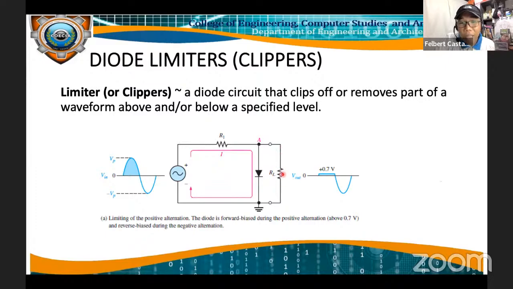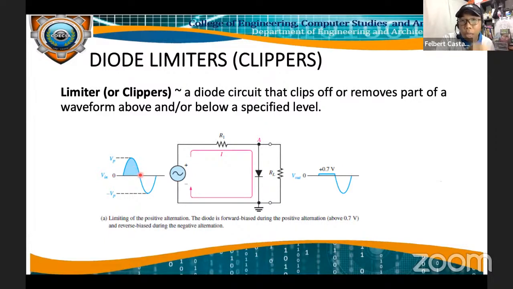Yung RL na to, the resistor represented by R sub L, yung load natin. Wala ng current dito. Ang mangingibabaw is the voltage na mababasa natin, or we are actually measuring the voltage across this diode. Practically, this is 0.7. Kaya ang mababasa natin sa output is positive 0.7 during the positive alternation.